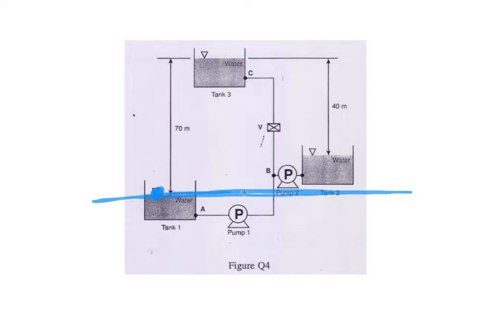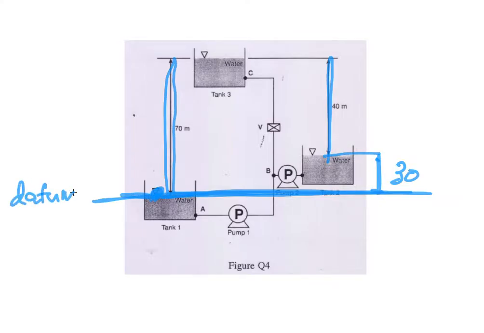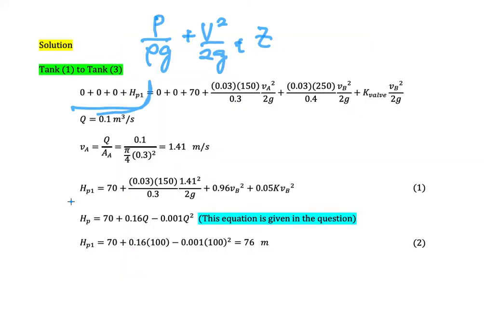So this is the datum. So the height is 70, and then the height here is 40, so the difference here is 30. So we assume that this line will be the datum of this calculation. So the pressure is atmospheric pressure, the velocity starts from 0, and the elevation or the datum is equal to 0.